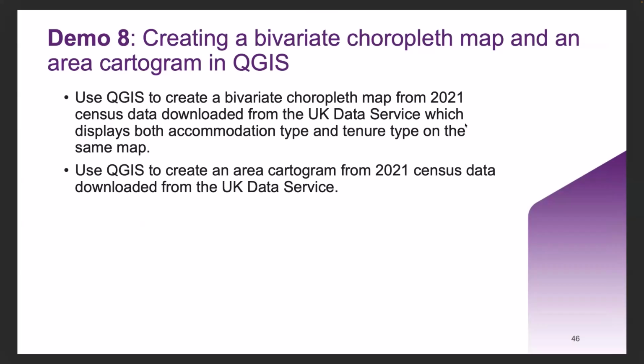And so what I'm going to demonstrate now in QGIS is how you can create a cartogram yourself of the sort we saw there, and also how you create a bivariate choropleth map. I have to caveat this, as we'll see, my version of QGIS will not currently allow me to create the actual cartogram, because I'm using a Mac and it's a new version of QGIS and a new Mac, and there's some issue with my particular install.